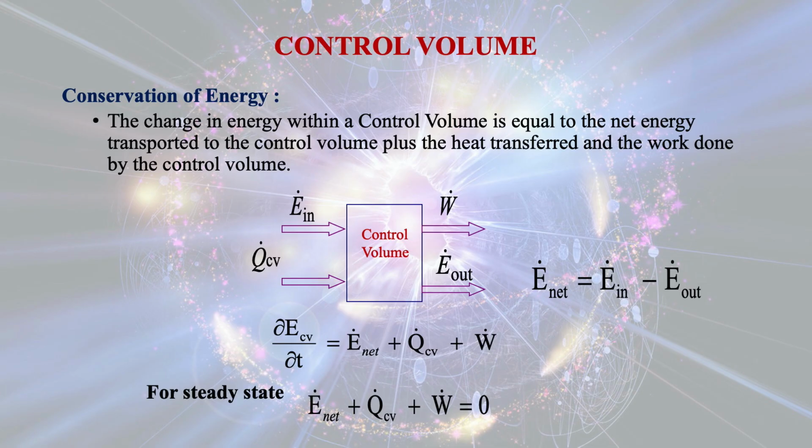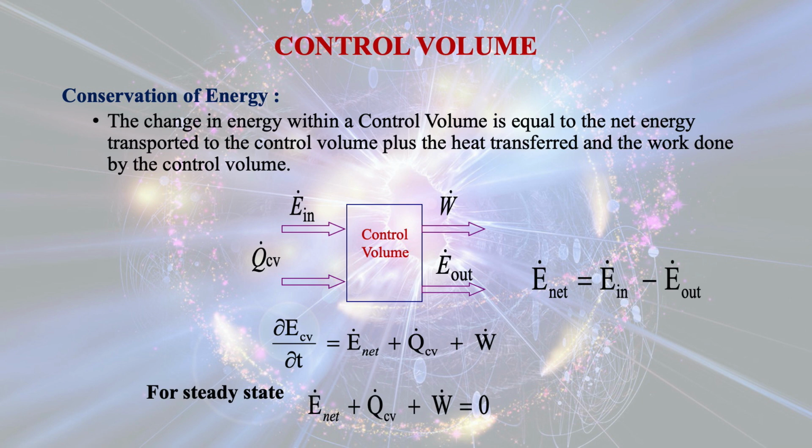So the rate of change of energy within the control volume, that is ∂E_CV/∂t, is equal to E dot net plus Q dot CV plus W dot. Now this expression gives the rate of change of energy within the control volume.